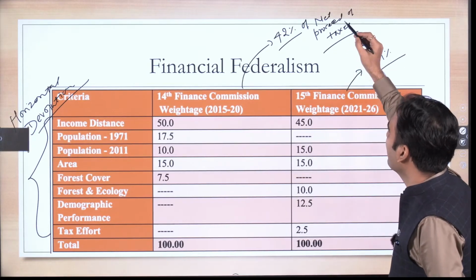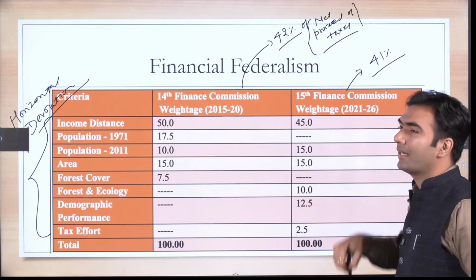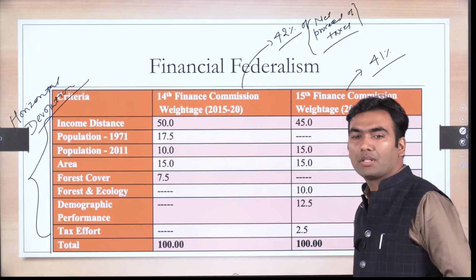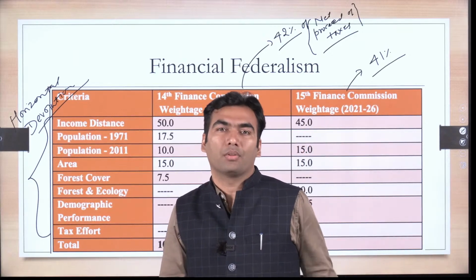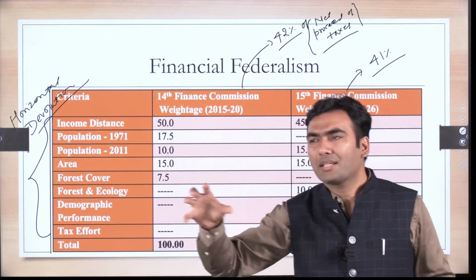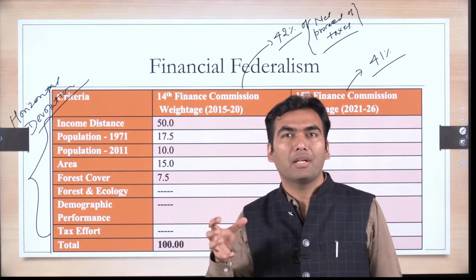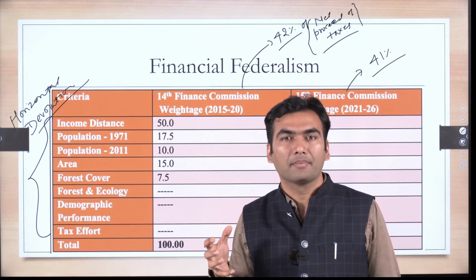What is this net proceed of taxes? Till now I was saying the taxes collected. Now I am using the word net proceed. The constitution says, let's take the example of income tax only. To collect income tax, there is an expenditure which is to be incurred by the center.